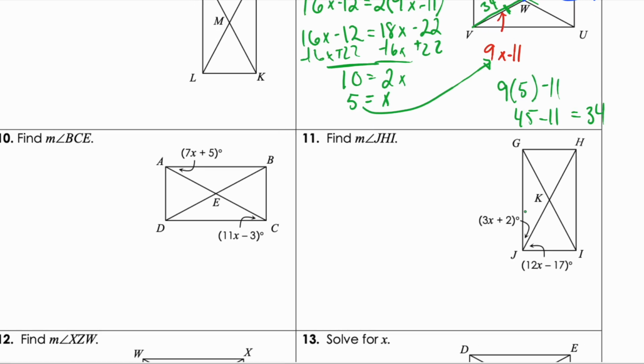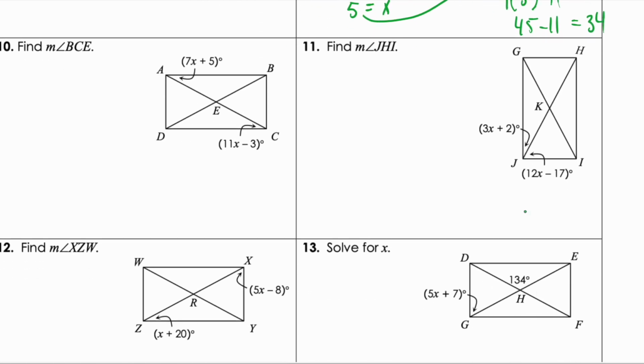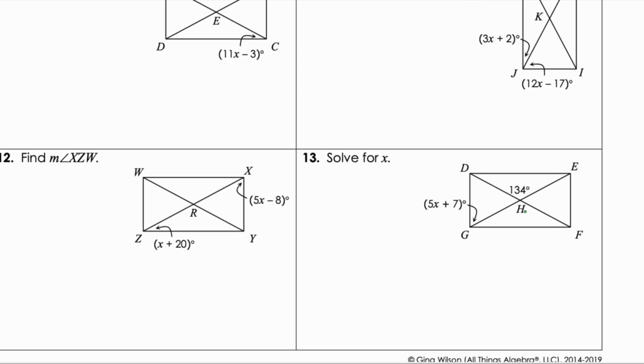All right, let's take a look at number 13. Something I just want to talk about is that all of these triangles inside of our rectangle are isosceles triangles. What does that mean?